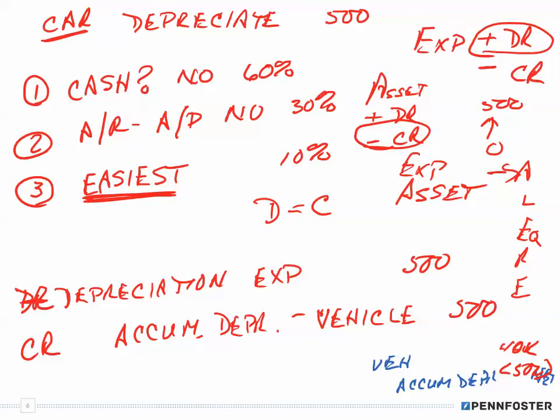So whenever you're working with a journal entry and you have a transaction, the first thing you should be asking yourself is, does this affect cash? Because we affect cash most often, and we know that cash is an asset, and we increase it on the debit side and decrease it on the credit side.